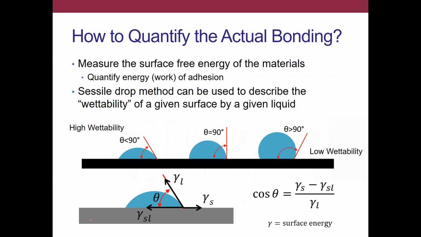You can see examples from high wettability to low wettability; the contact angle changes. Low wettability materials mean that, for instance, water would bead up. If you've ever seen water on a Teflon surface, it beads up because it has very, very low wettability.